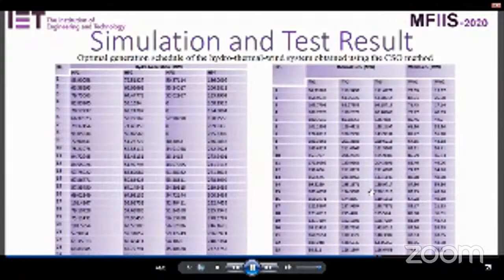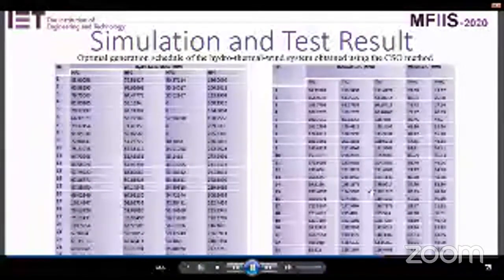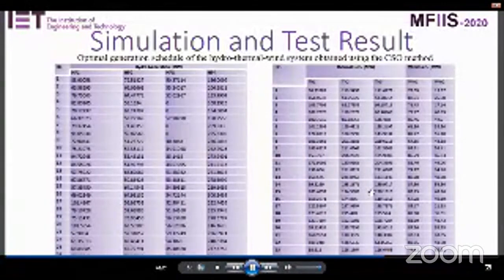This simulation was carried out in MATLAB environment. The program was repeated for 50 iterations on the test case, and the results were analyzed based on the best, average and worst case with standard deviation.